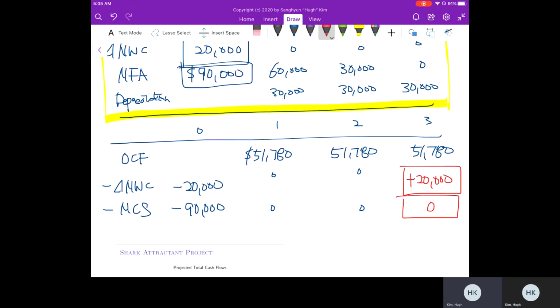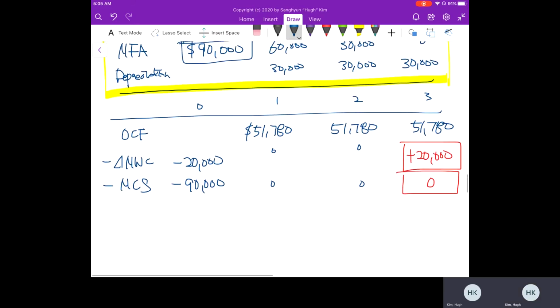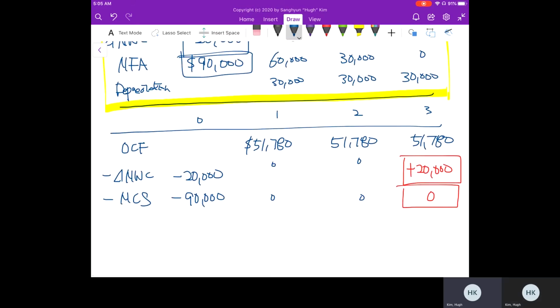Now we can compute cash flows. So cash flow from asset for year 0 is minus $110,000.